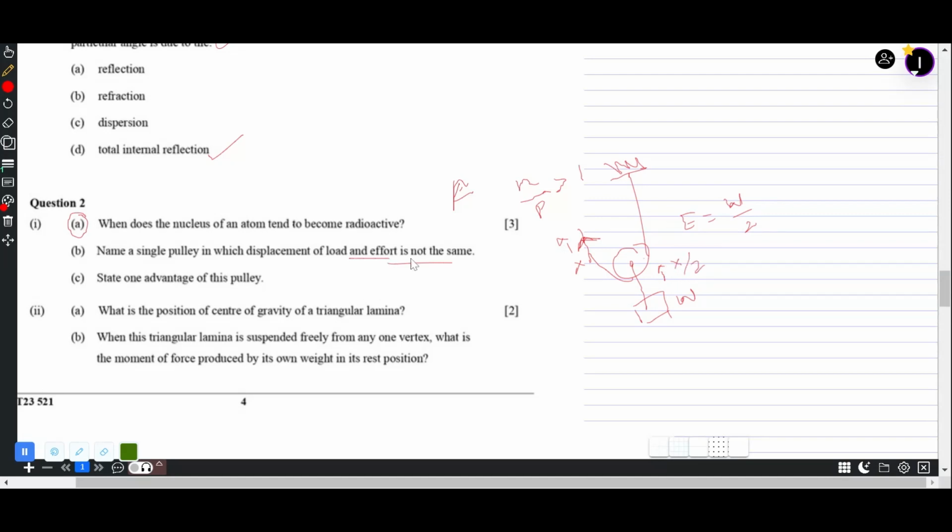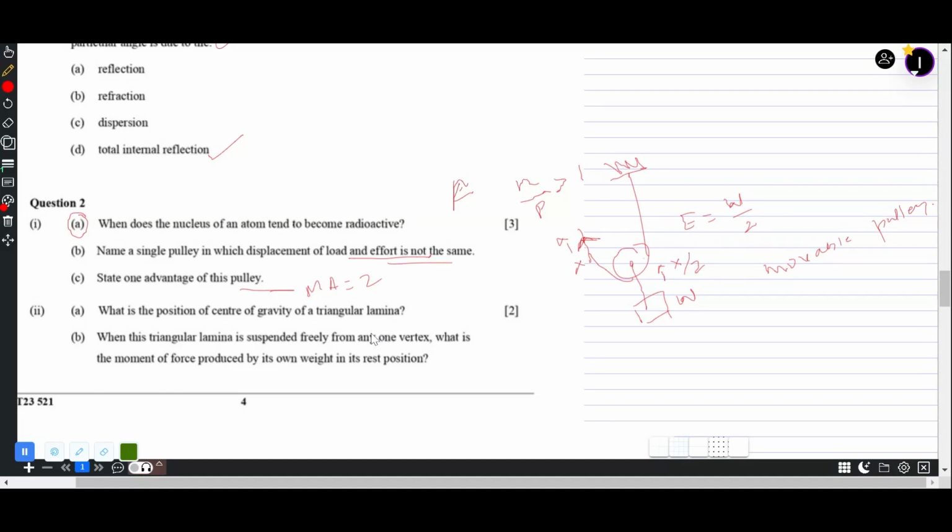Okay, so displacement of load and effort is not the same in case of movable pulley. One advantage of this pulley is you have mechanical advantage. It is equal to 2. It is load over effort, right. So you have half the effort for W load.